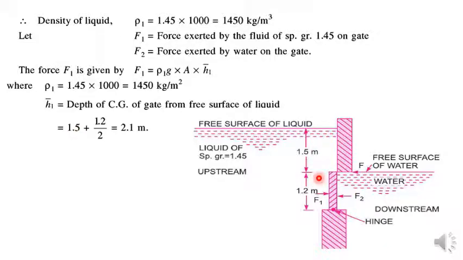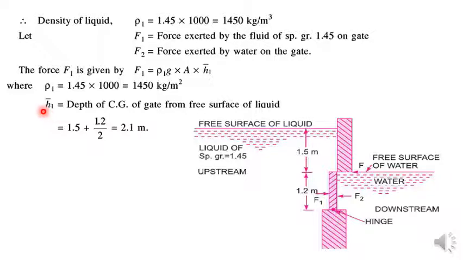1.5, that is the depth of this sluice gate from the top. Okay, it will be 1.5, and further you need to add the center of gravity. The center of gravity of this rectangular body will be at half of it, h by 2. Okay, so the total dimension is 1.2, and half of it will be 1.2 divided by 2. It will be 2.1 meters.